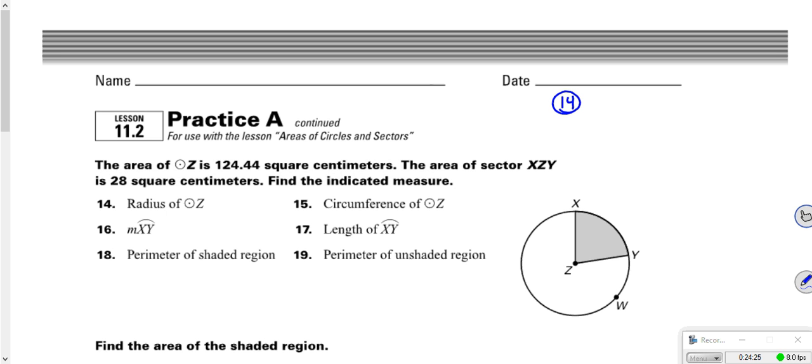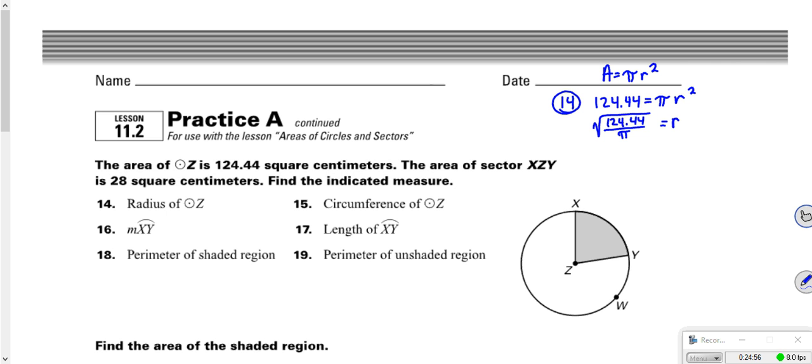First of all, if they gave me the area of the whole circle, it's pretty easy to find the radius, because remember, area equals pi r squared. So my area is 124.44 equals pi r squared. So r, I'm going to jump ahead, is the square root of 124.44 over pi.